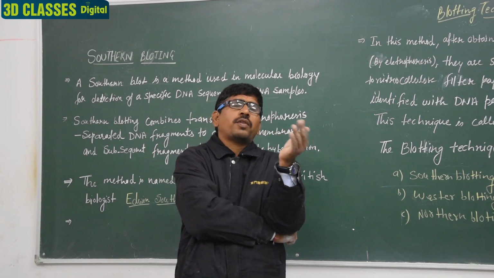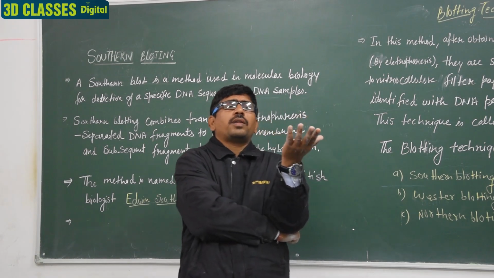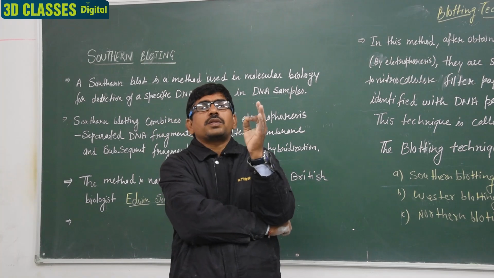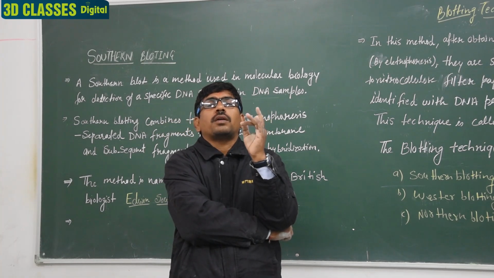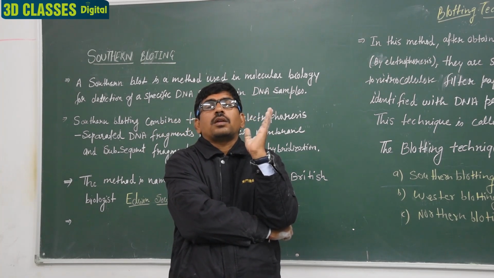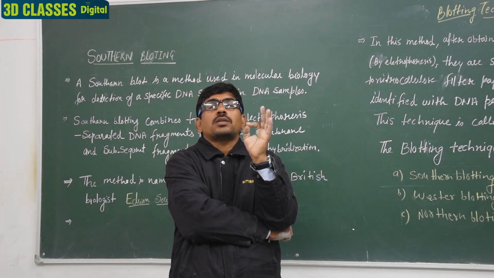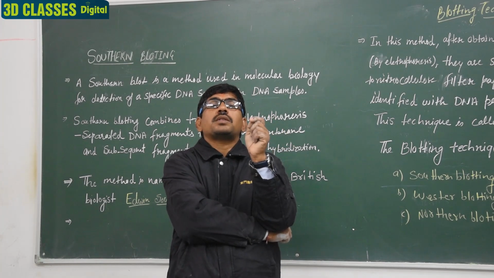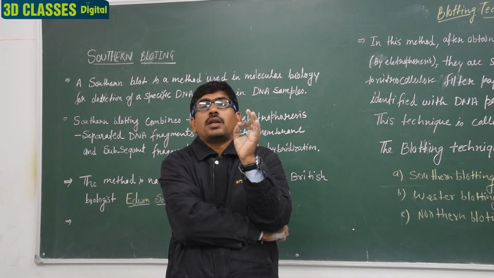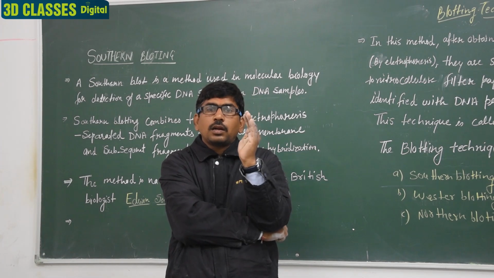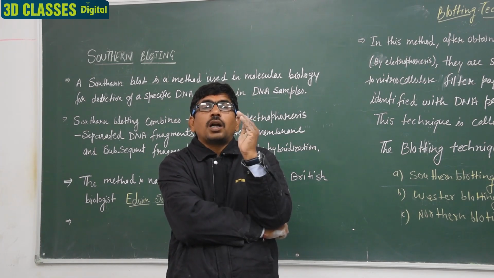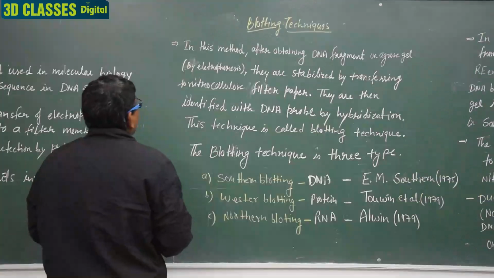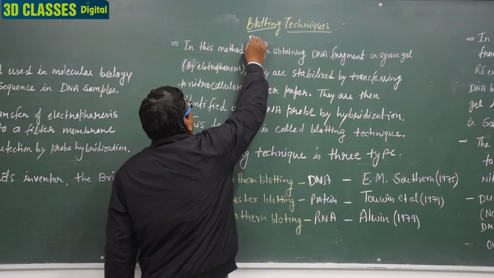The Northern and Western blotting techniques were developed for RNA and protein by different scientists, but the first blotting technique was discovered by Southern, so it is known as the Southern technique, and it identifies a particular DNA segment. Clear? So first we discuss the blotting technique.